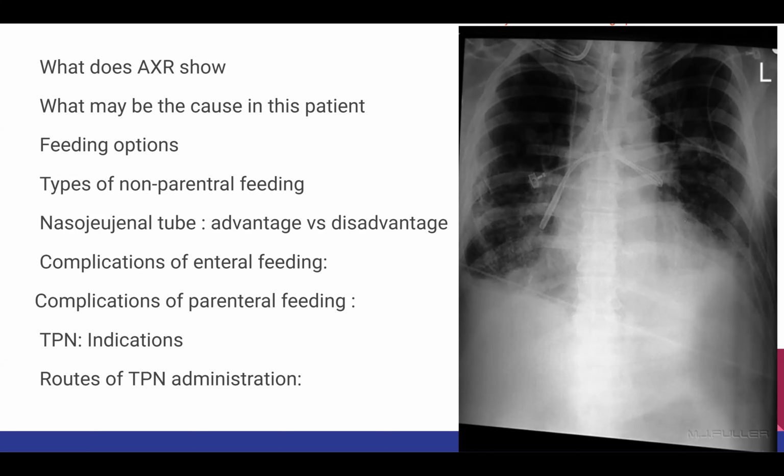So can you tell me about the advantages and disadvantages of a nasogastric tube? The advantages are that the tube is inserted through the nose, so the risk of aspiration is prevented.